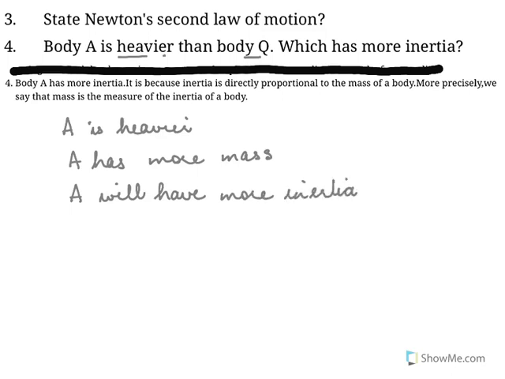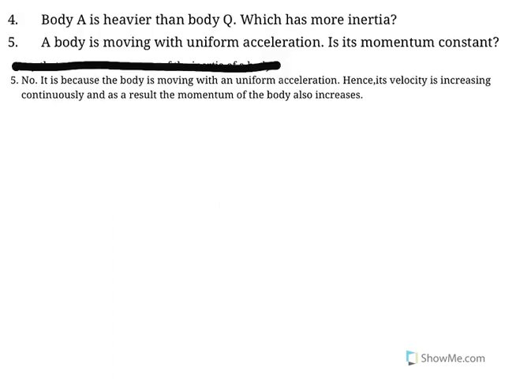Heavier the body, more is the inertia. So here they say inertia is directly proportional to the mass of the body. More is the mass, more is the inertia. The measure of inertia of a body is mass.